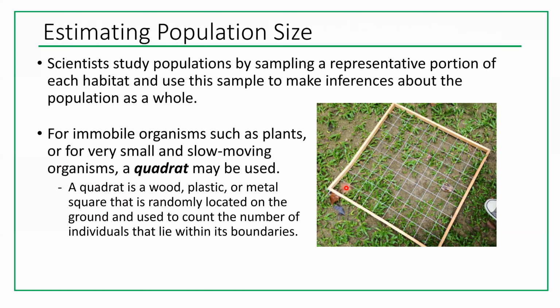So instead of counting how many plants grow in, let's say, 50 acres of land, we're just going to count how many individuals are found in this quadrat. And it's not that easy to just count it. There is a formula that still needs to be applied, but that will allow us to estimate the total size of a population by knowing how many are located within this square.